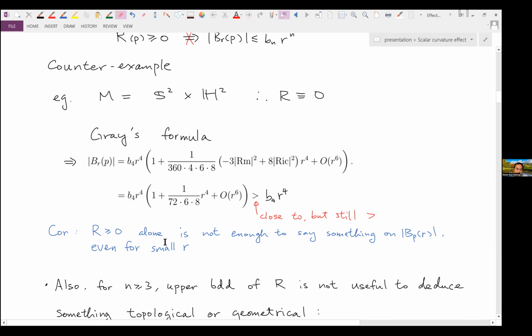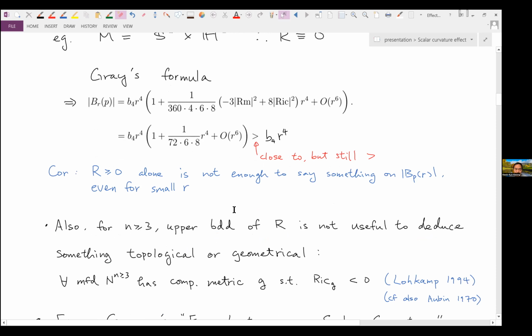So as a first lesson, that means the scalar curvature lower bound alone is not enough to say anything about the volume of the geodesic balls, even for really, really small radius. So if we want to do a volume comparison involving the scalar curvature, you just can't assume a scalar curvature lower bound alone.